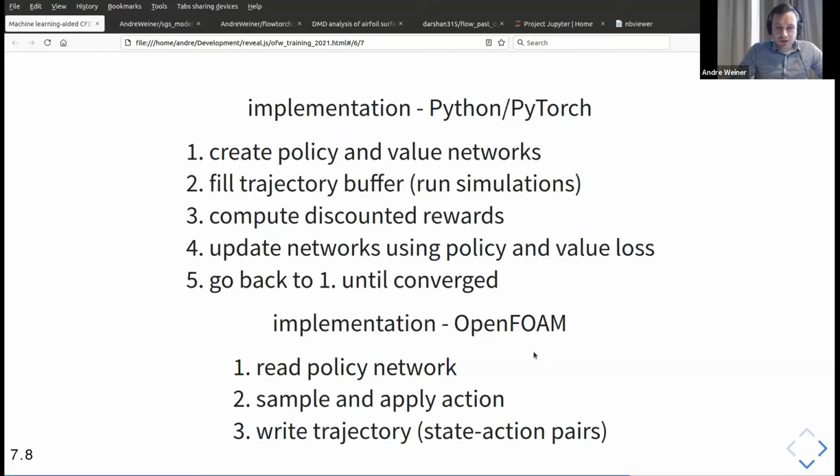Okay, so on the OpenFOAM side of things, we have a velocity boundary condition. That boundary condition reads the policy network to make predictions. And then during the runtime of the simulation, every once in a while, it will sample pressure values from the surface and then apply the sampled action, the sampled angular velocity, as a boundary condition.